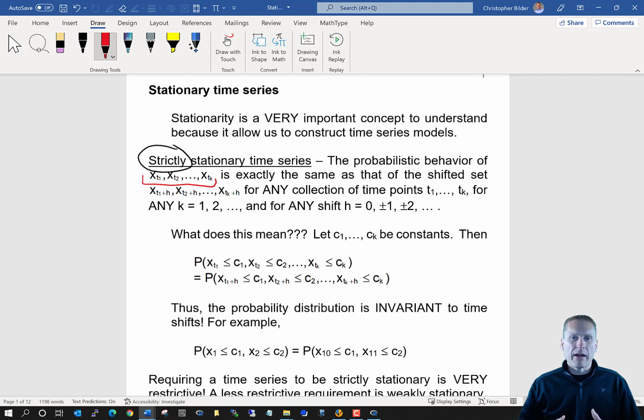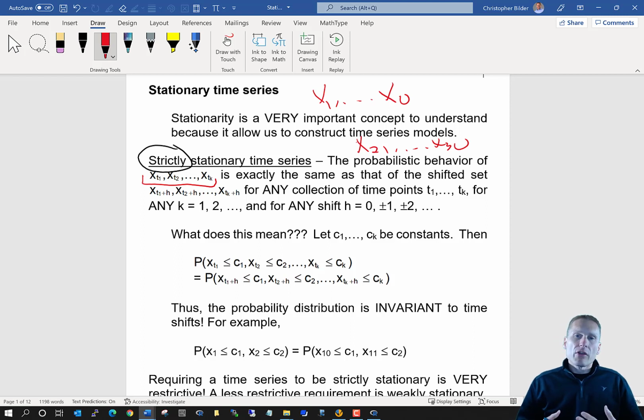You might be wondering, why don't I just call it x1, x2, down to xk? The reason is because I'm interested in any particular set of times. It could be x1 through x10, or it could be, let's say, x21 through x30. And so this notation of t1, t2 down to tk allows me to do that.